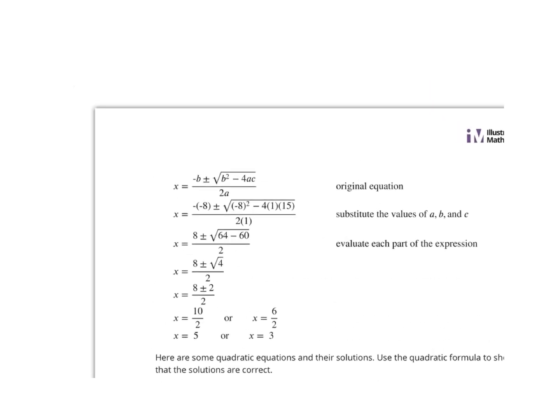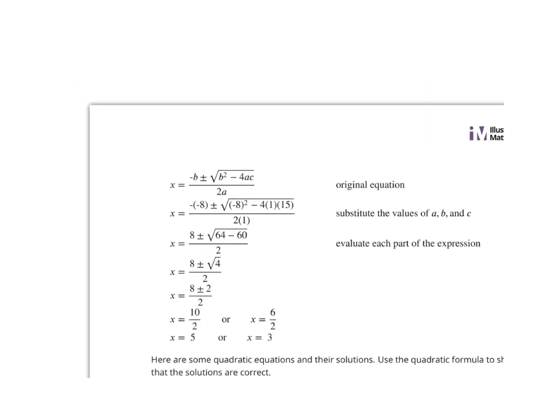All right, so as I mentioned before, we identified a as being 1, b as being -8, and c as being 15. The formula states x is equal to -b plus or minus the square root of b squared minus 4ac, all over 2a.